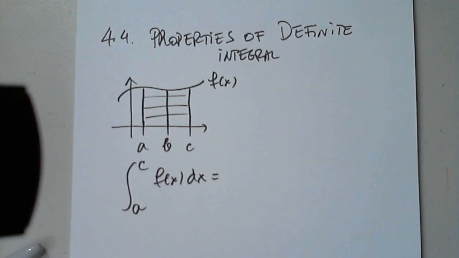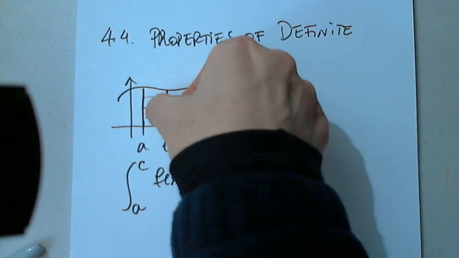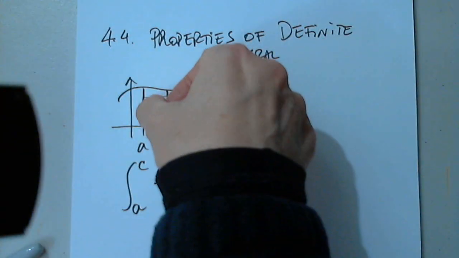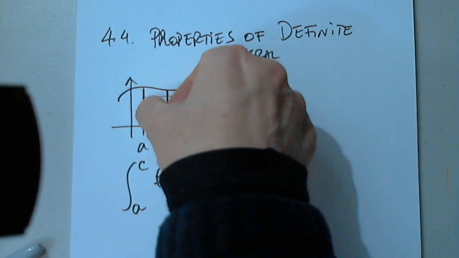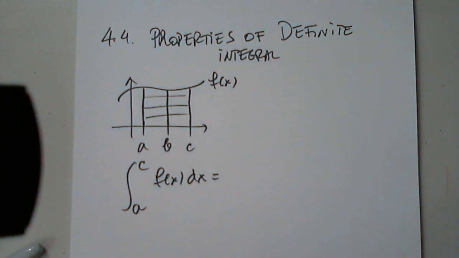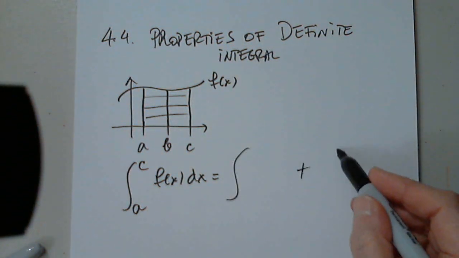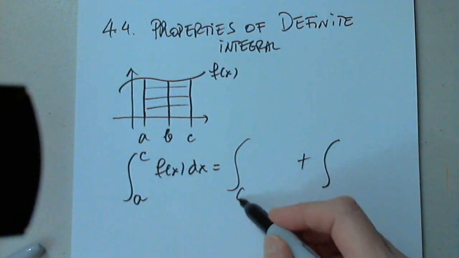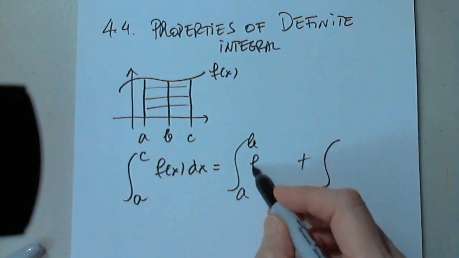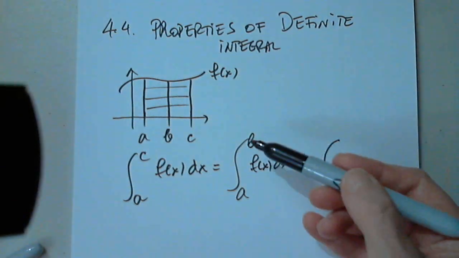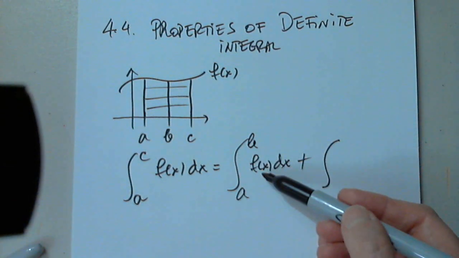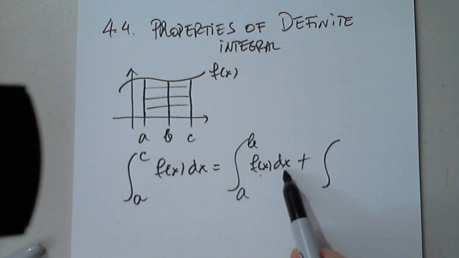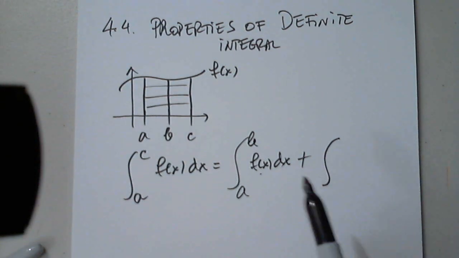Can you repeat the question? Yes. So what I'm saying is exactly what we just used, the same principle. This area between a and c can be split into two integrals. From a to b, of course, of f of x dx. Then notice that the integral symbol will not exist without a function and without the dx, always.